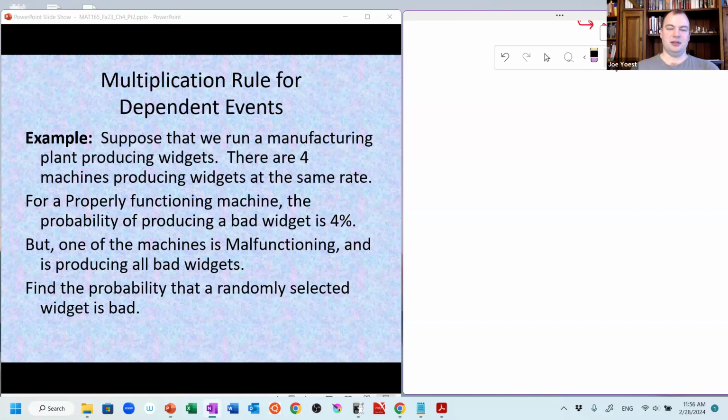It's just something that we're producing. We have 4 machines. They produce widgets at the same rate. For a properly functioning machine, no machine is perfect, the probability of producing a bad widget is 4%. But one of the machines is malfunctioning, and a malfunctioning machine produces all bad widgets. We want to find the probability that a randomly selected widget is bad.